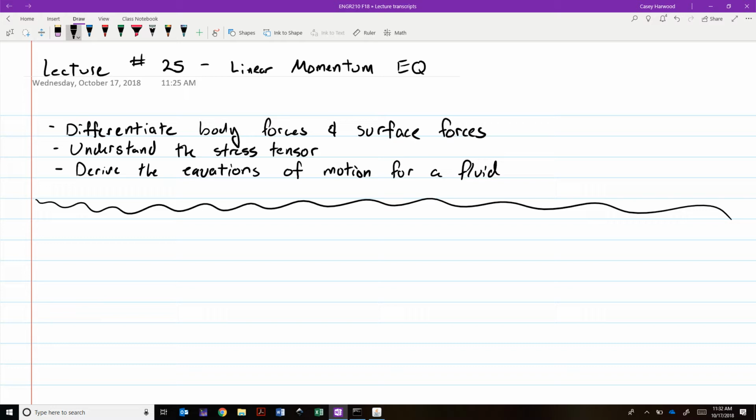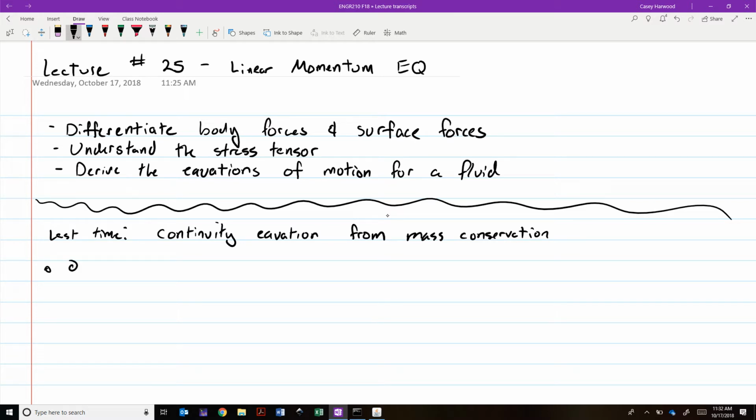So, a quick little recap. Last time was just a progression through a bunch of vector math and vector calc, but we derived the continuity equation from the principle of mass conservation. And we gave this in three forms.